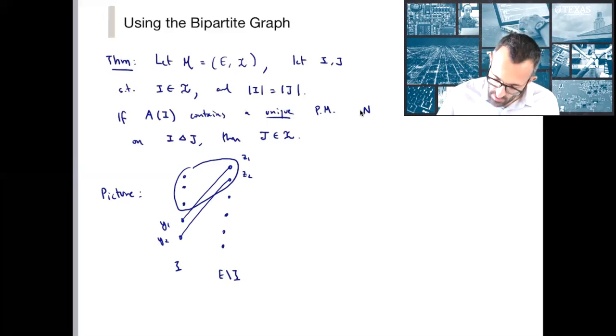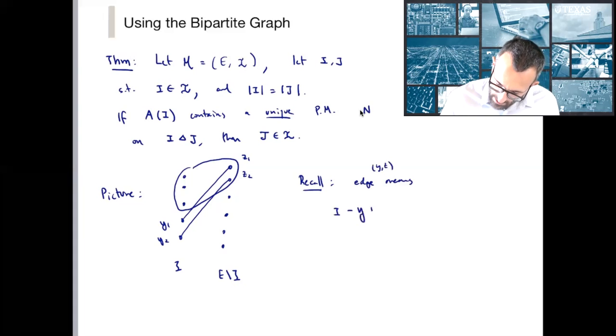And again, just to recall, what is the meaning of an edge? An edge between Y and Z means that I minus Y plus Z is an independent set.